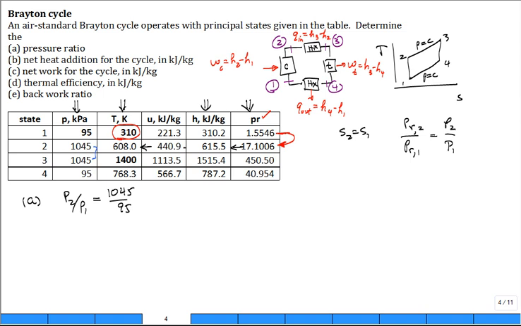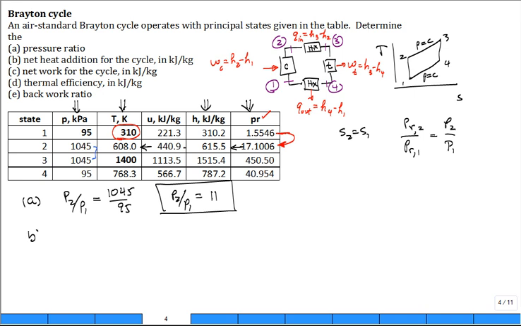It's 11. So you have P2 divided by P1 is equal to 11, and then you box it. This is one of those cases where they could have introduced a symbol like PR as a pressure ratio, but they didn't. They just say, let the pressure ratio be P2 divided by P1. Okay? And that's what you're looking for, equal to what you calculate, and that's how you box the answer.